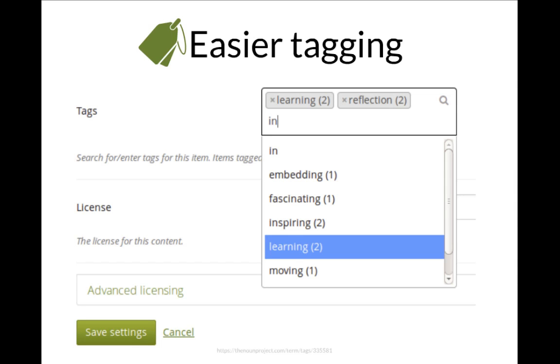Namely, when you search for people wanting to send them a message, and also for tagged journal entries in a blog, we already use that functionality, so it made a lot of sense to also use it for tags in general. So all you need to do now is start typing a letter or a word, and then the suggestions come up, and if there's no word for that yet, it will be added to your tags.